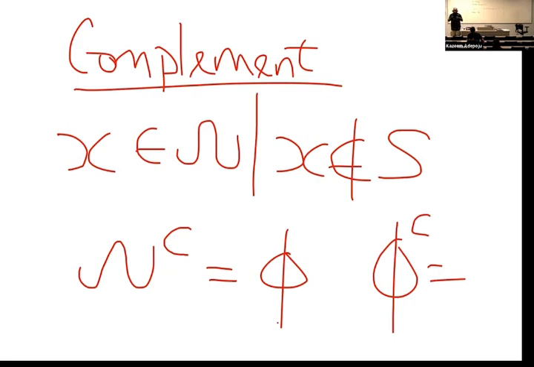Exactly. This is what happened. You asked whether the universal set contains the empty set, right? Okay, this is the deal. There are situations where we are cautioned about the empty set.